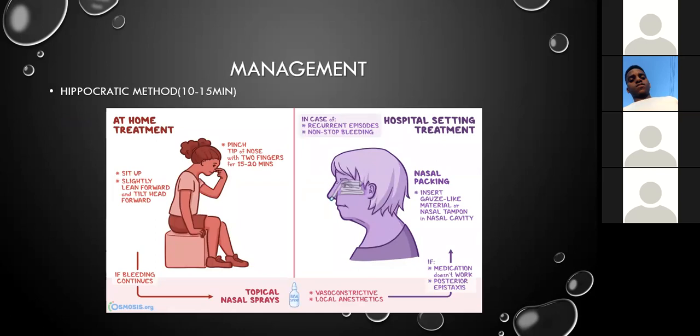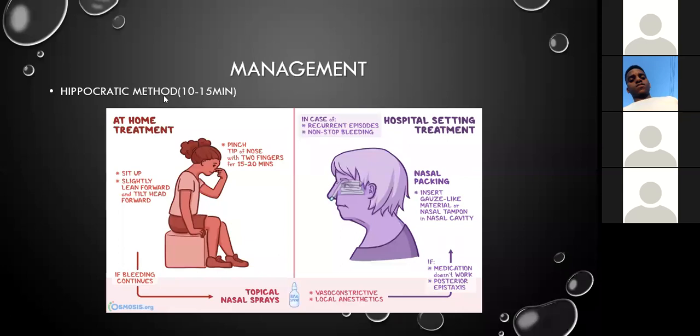So when someone comes in with a bleeding, how do you manage? You realize that actually for most of the cases of bleeding from the nose, they actually do not come to hospital. Over 60% of the cases are managed from home or from the community. So someone should be able to teach them the bare minimum, and this is how to be able to control the bleeding at home, at least to have the first aid.